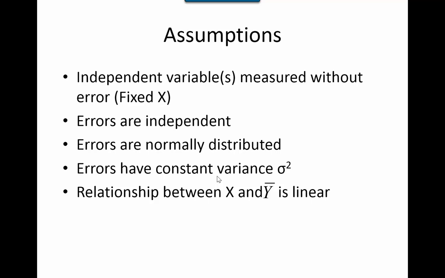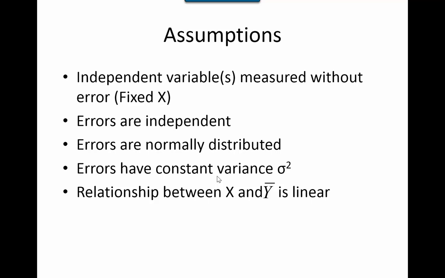We've got our independent variables, the ones on the x-axis, are measured without error, fixed x. That one's almost always violated in practice, but we ignore it. It's very common to ignore that violation. Errors are independent.